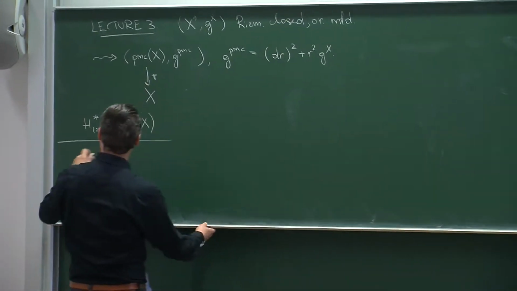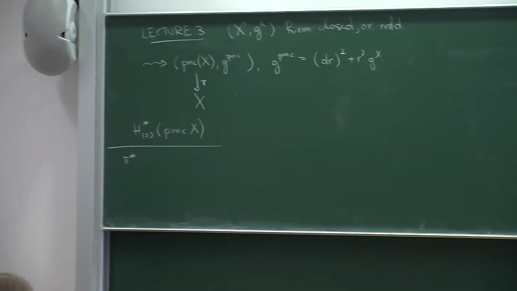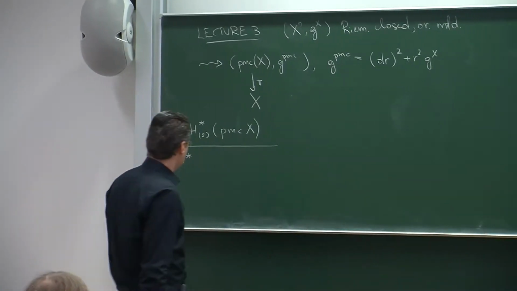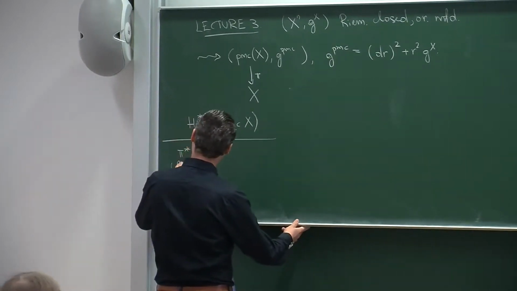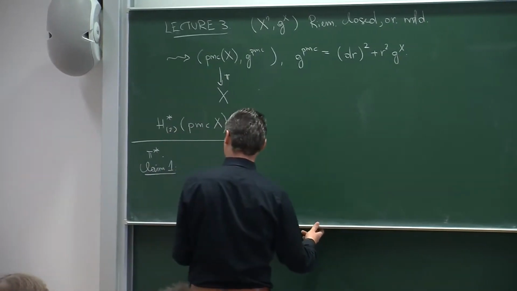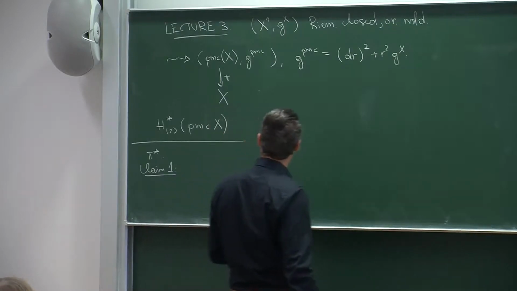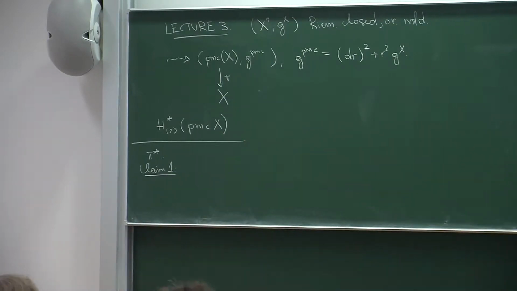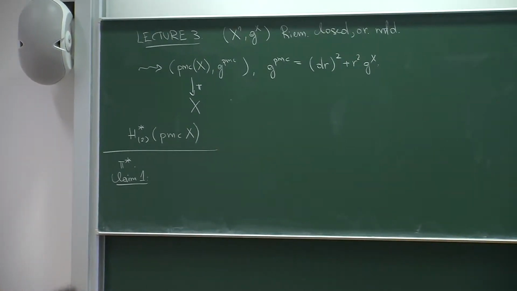So this map, pi, induces a map pi star, pullback of differential forms. And the first claim I want to make, claim 1, is that in a certain range, this pullback map restricts to a map of L2 forms.